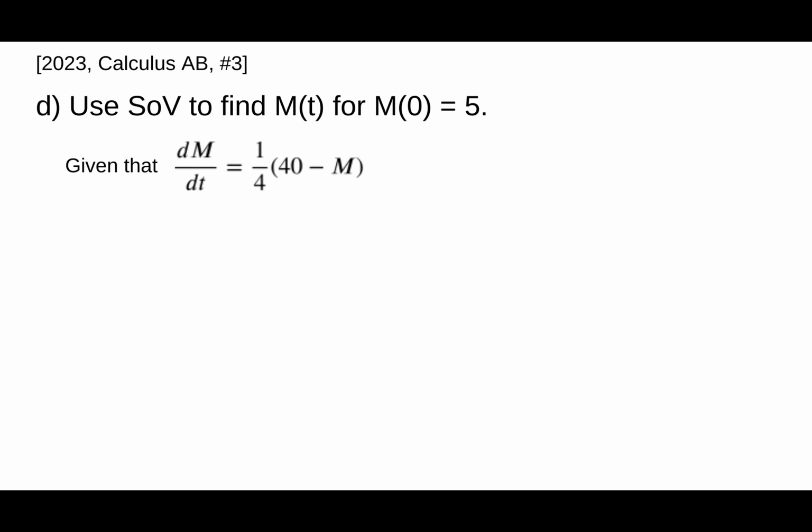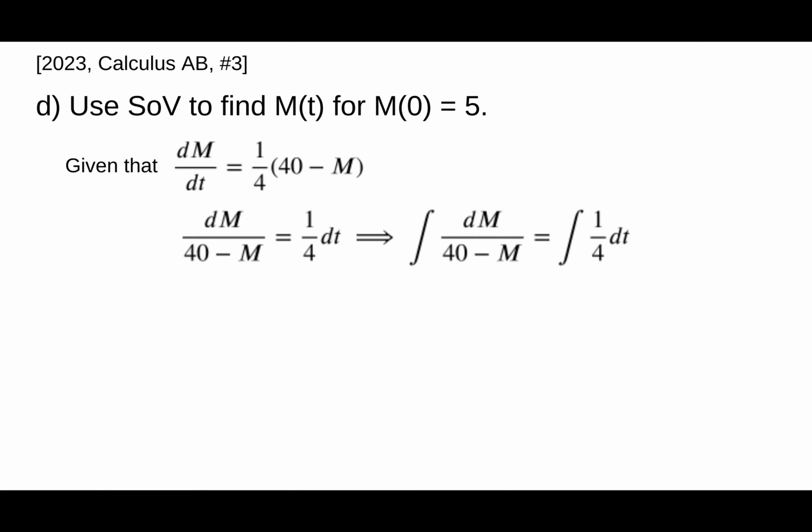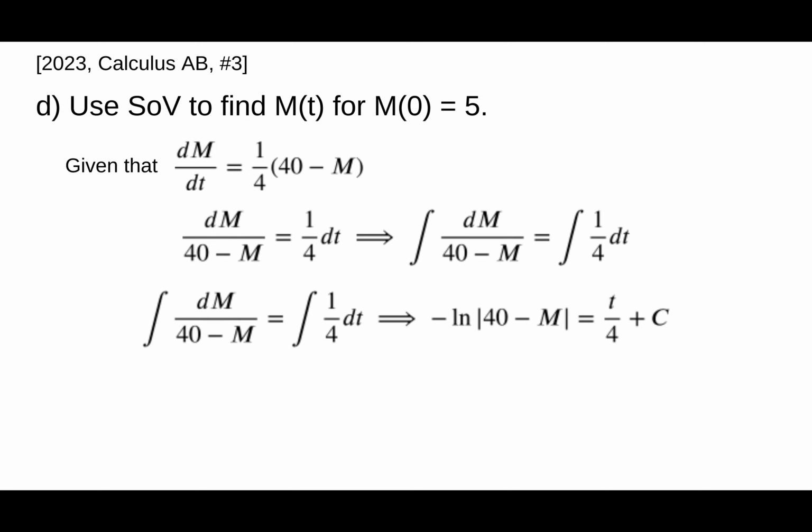So we start with dM/dt equals 1/4 of (40 minus M). Move things over, dM over (40 minus M) is 1/4 dt. If we integrate both sides, the integral of dM over (40 minus M) is equal to the integral of 1/4 dt.